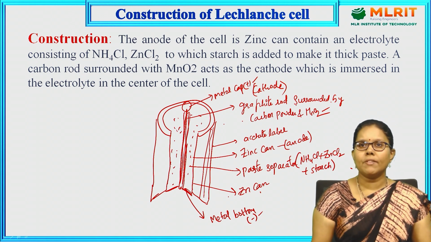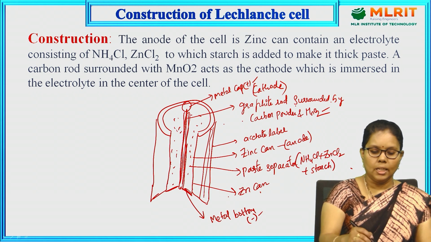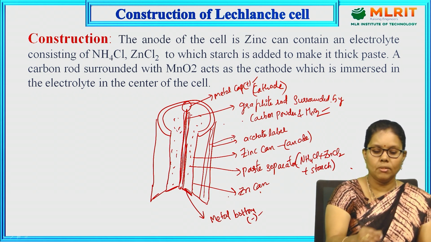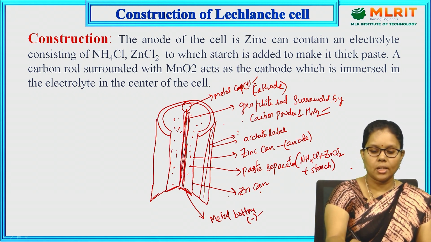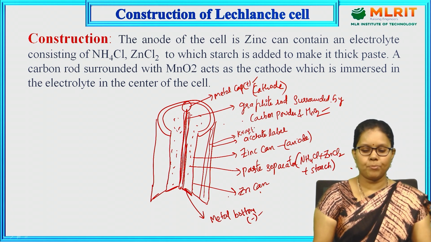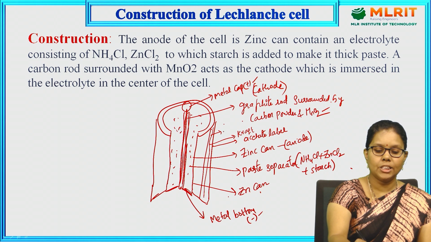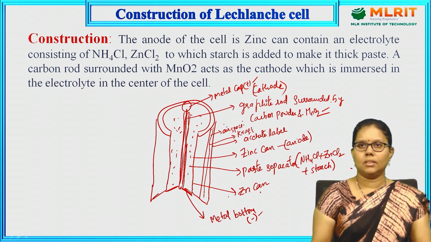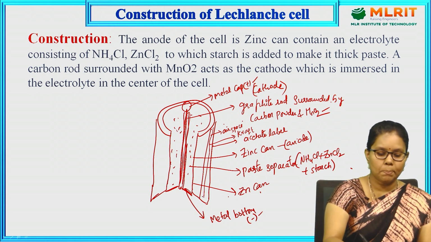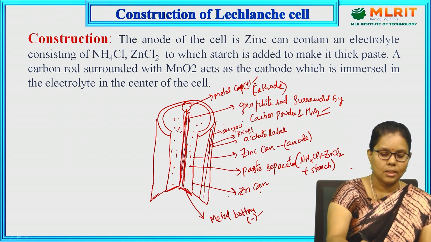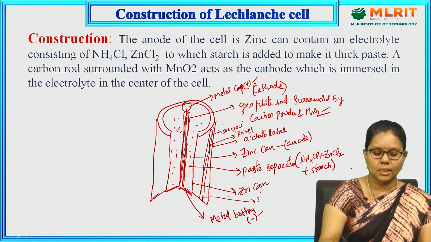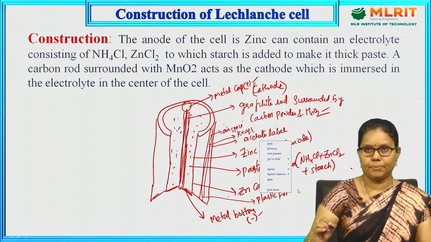The outer layer is the acetate label. The next layer is kraft paper. Inside there is an air jacket or air space. In between there is a plastic film, which acts as an insulator.